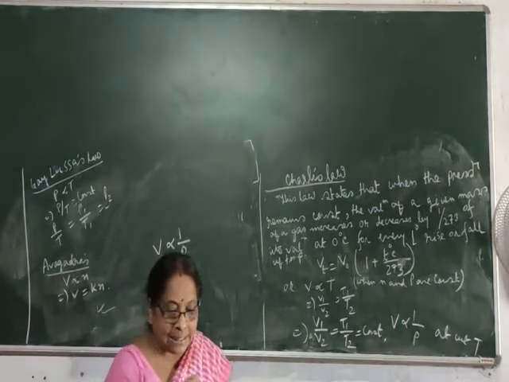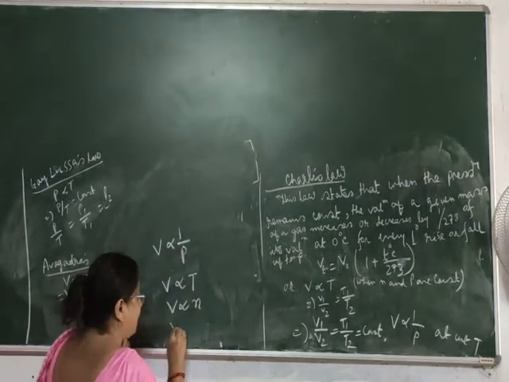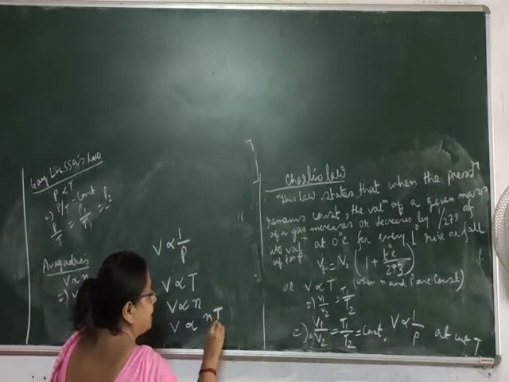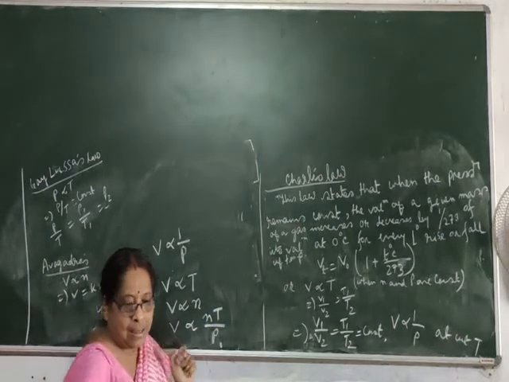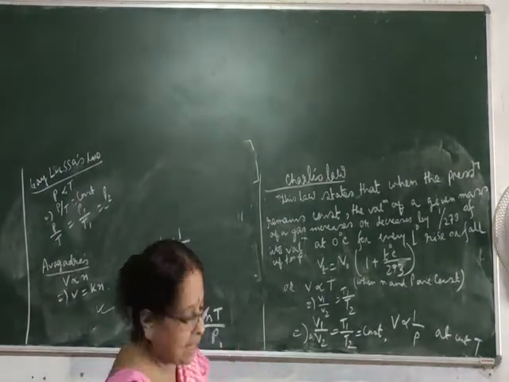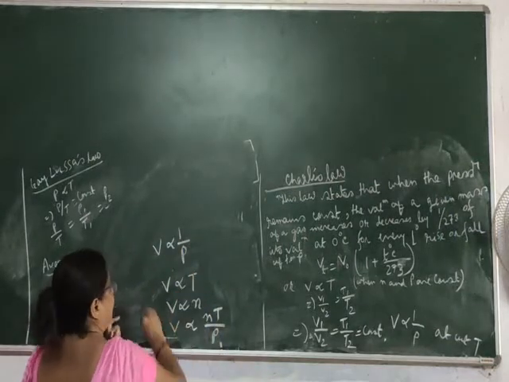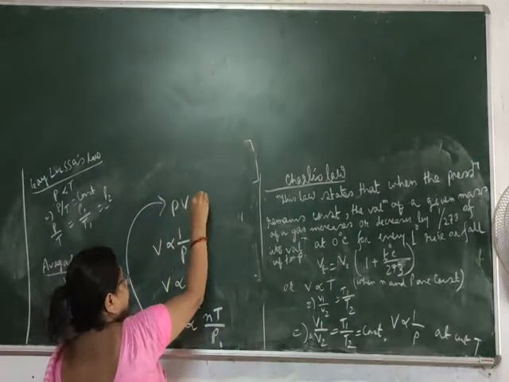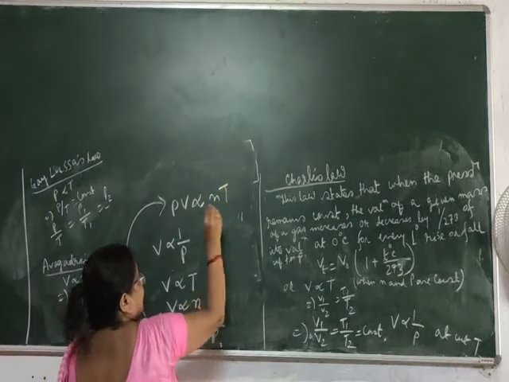Now, combining these three, we can write V is proportional to nT divided by P. From this we can write PV is proportional to nT.